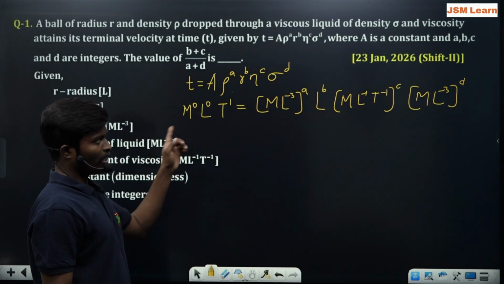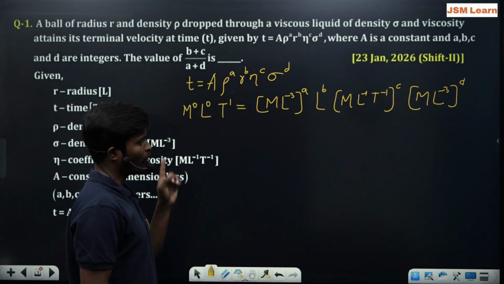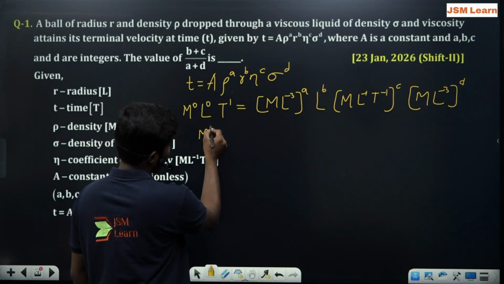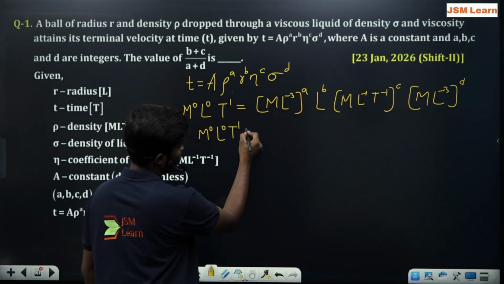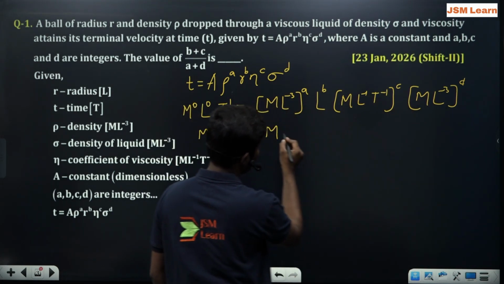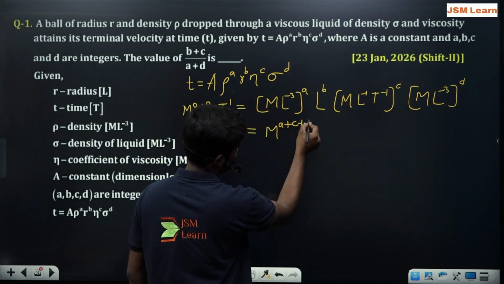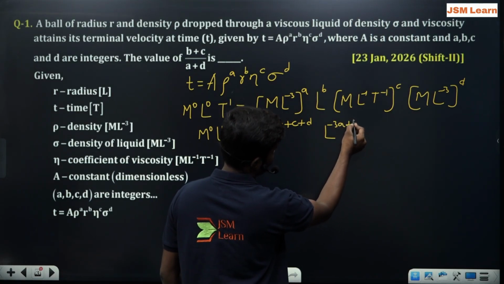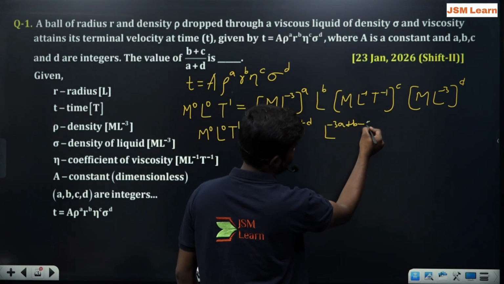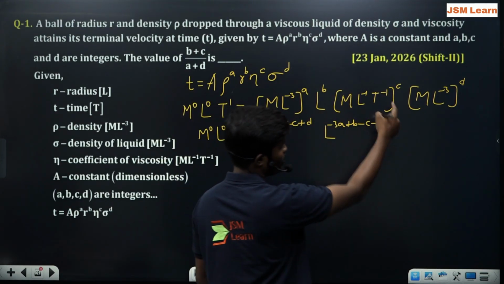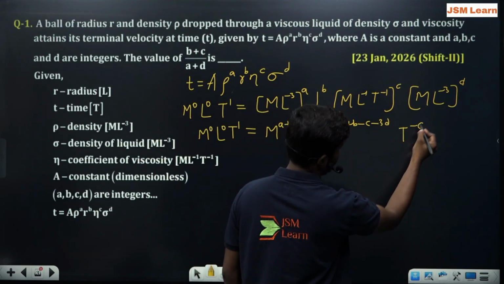Next, after writing this, we have to compare the powers of M, L, T. So M^0 L^0 T^1 is equal to M to the power a + c + d, L to the power -3a + b - c - 3d, and T to the power -c.